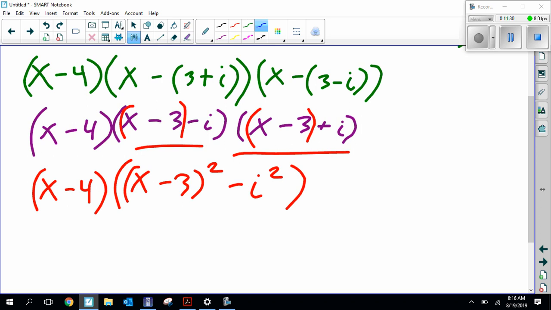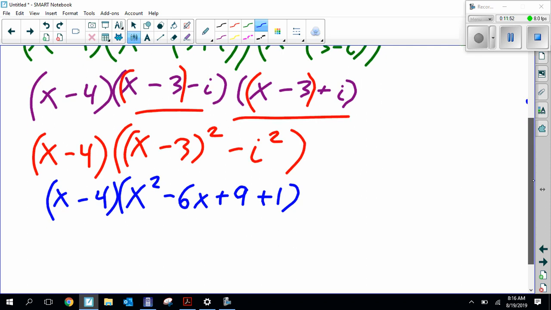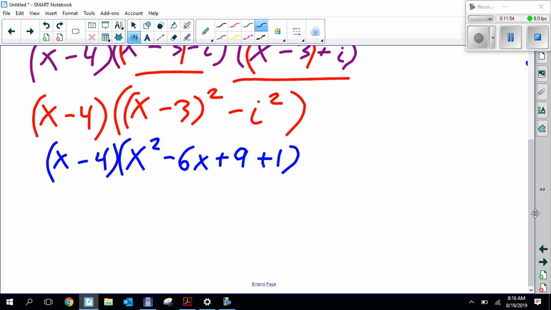So x minus 3 squared, that's easy to multiply. x squared minus 6x plus 9. i squared is negative 1, so that's minus negative 1 means plus 1. So we put these together to get 10. And now we're going to multiply the x minus 4 to x squared minus 6x plus 10.